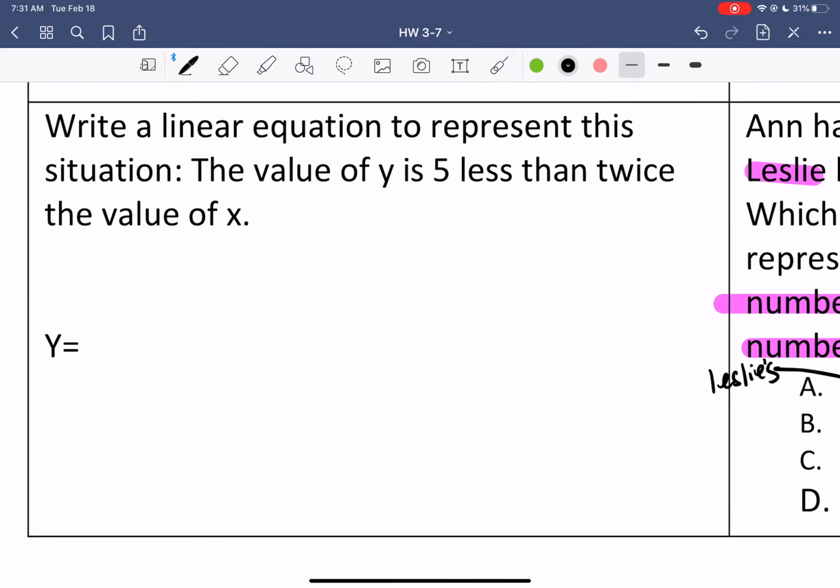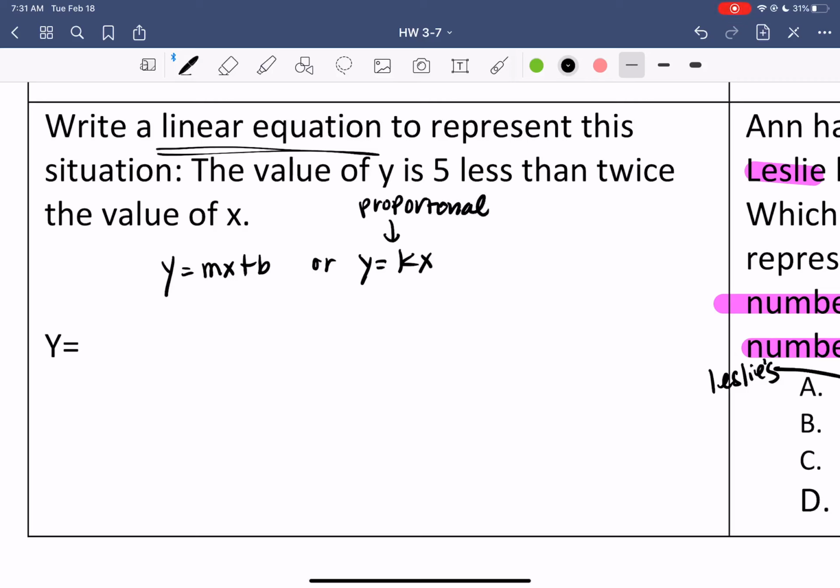All right, this says write a linear equation to represent the situation of y is 5 less than twice the value of x. A linear equation, again, is going to be y equals mx plus b, or y equals kx. So this is for proportional, and this is non-proportional.